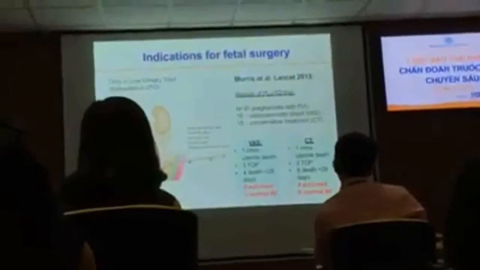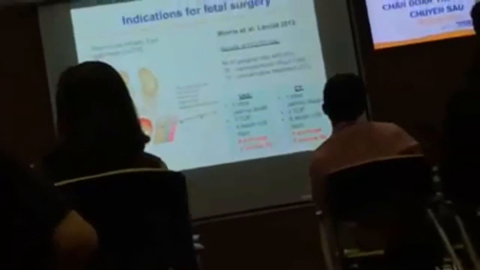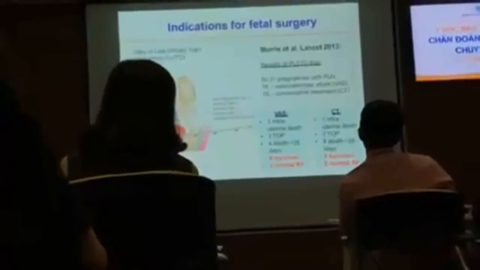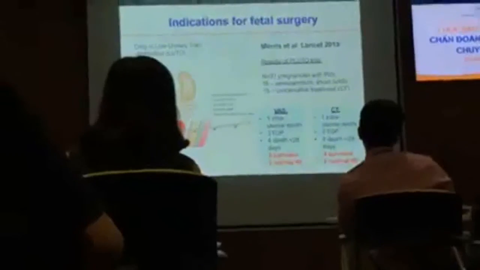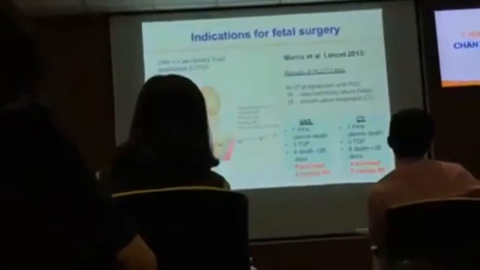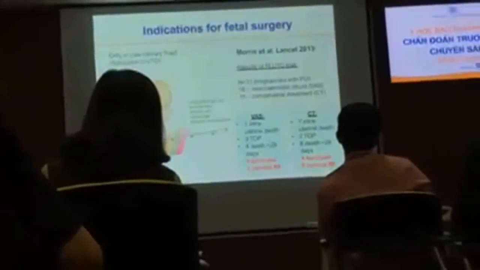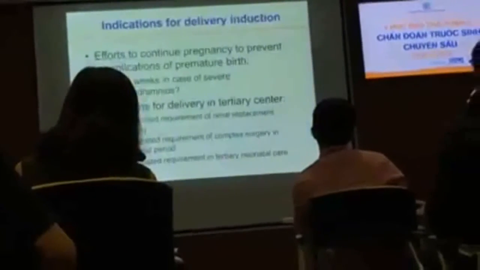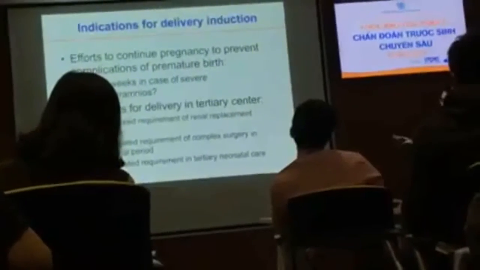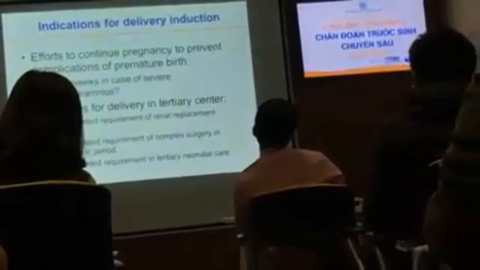But survival was twice that of conservative treatment: 8 survivors versus 4. And 2 had normal renal function, but 0 with conservative treatment. If you have cases without any treatment, just conservative management after birth, there are zero cases with normal renal function. So that's why we need to do fetal surgery for LUTO cases, lower urinary tract obstruction. We seriously need to do the fetal surgery.